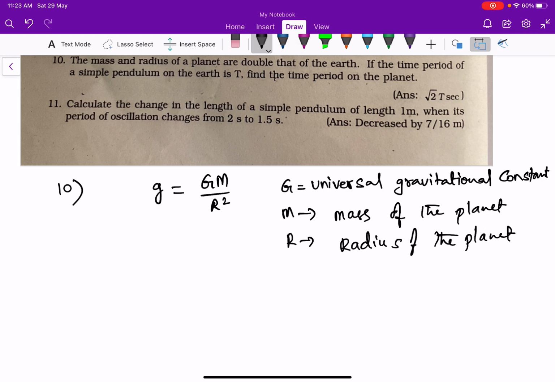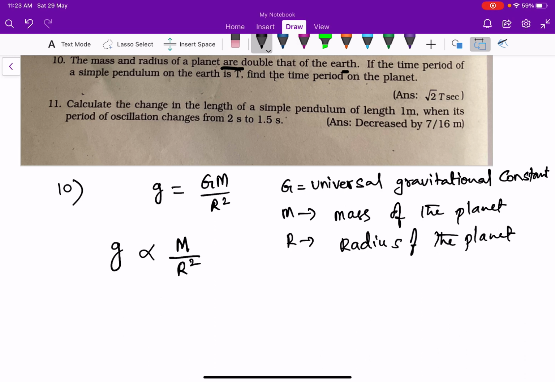So here acceleration due to gravity g is proportional to m by r square. Therefore the mass and radius of the planet are double that of the earth. Mass is double, radius is also double.